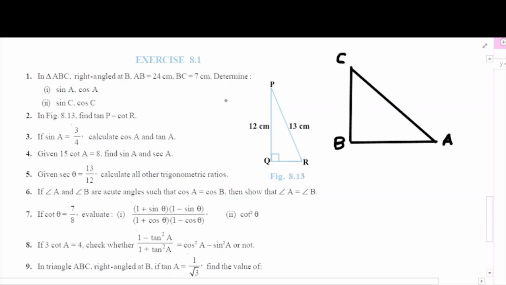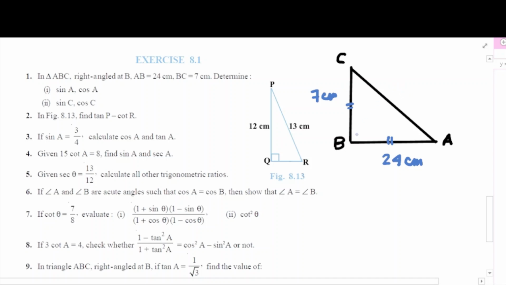Now what is given? AB is given as 24 centimeter. That means this side is 24 centimeter. BC is given as 7 centimeter. So this is 7 centimeter. So from here, first of all, we have to find the value of AC.